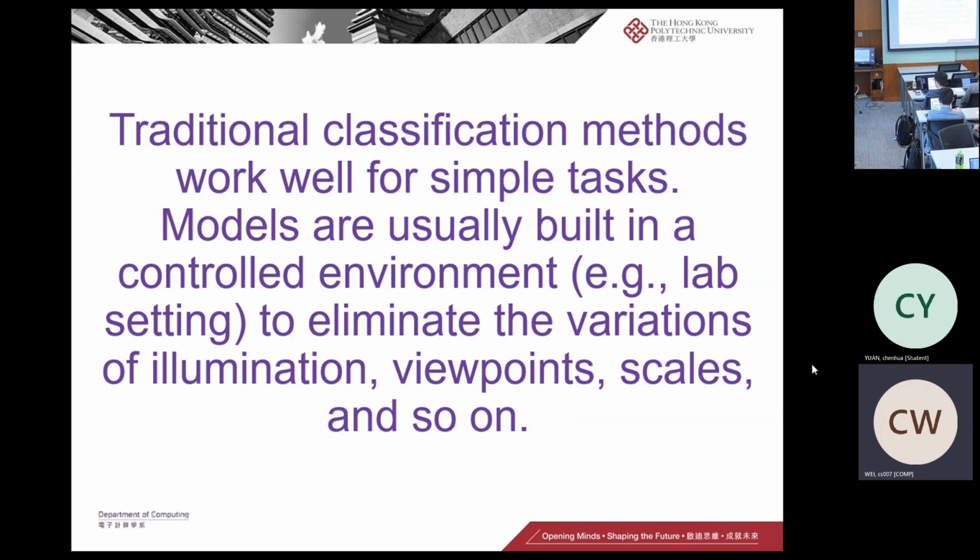But this is just based on our setting in the tutorial. We're doing it in a controlled environment. In the tutorial last week, we had gesture recognition, which was captured in a controlled environment.